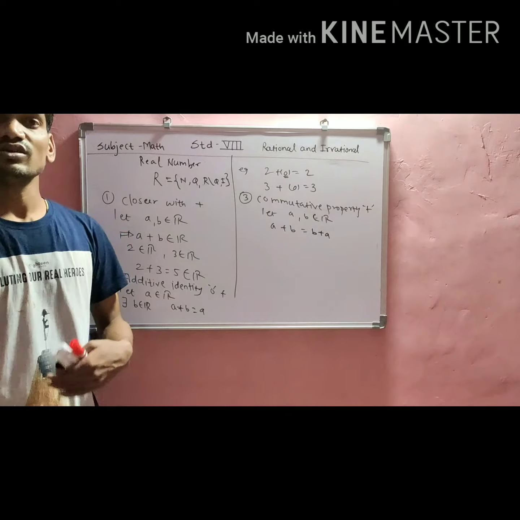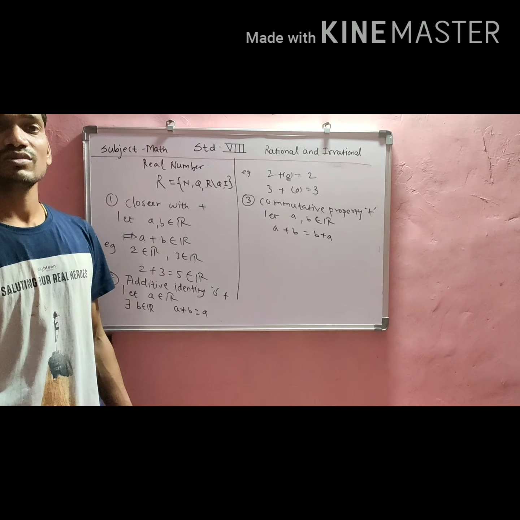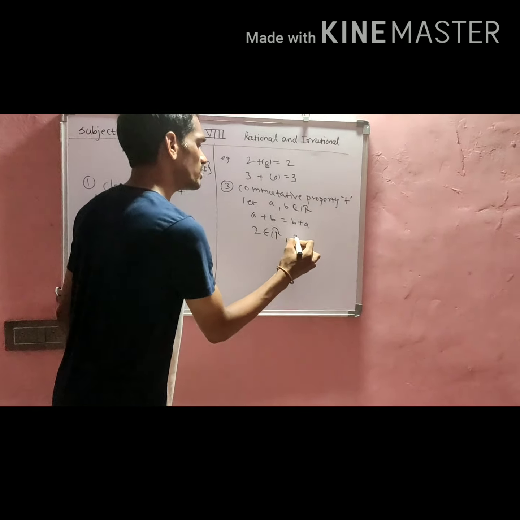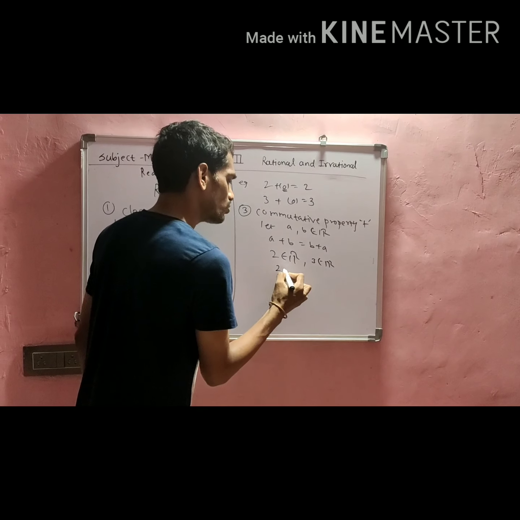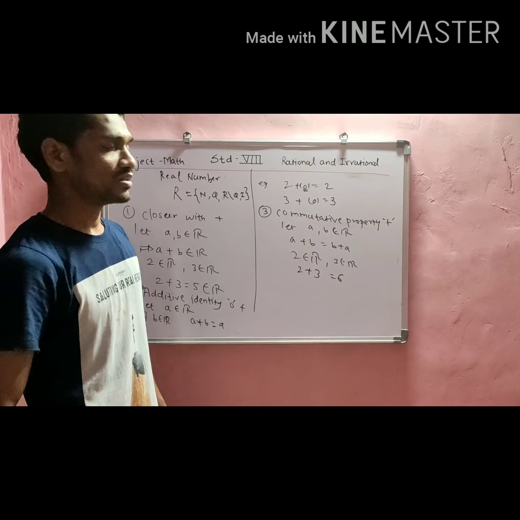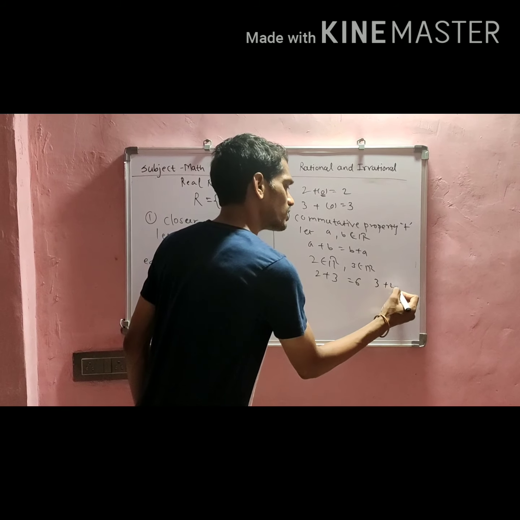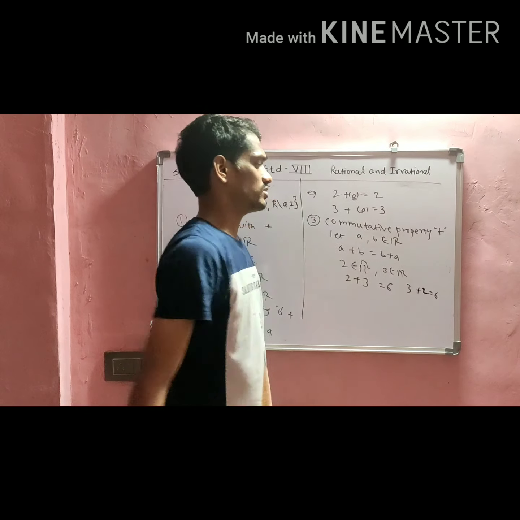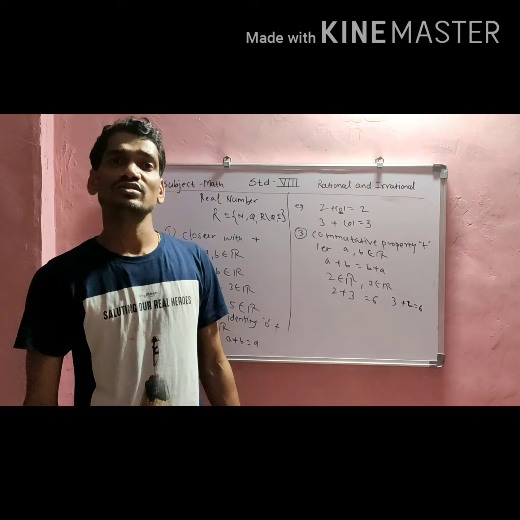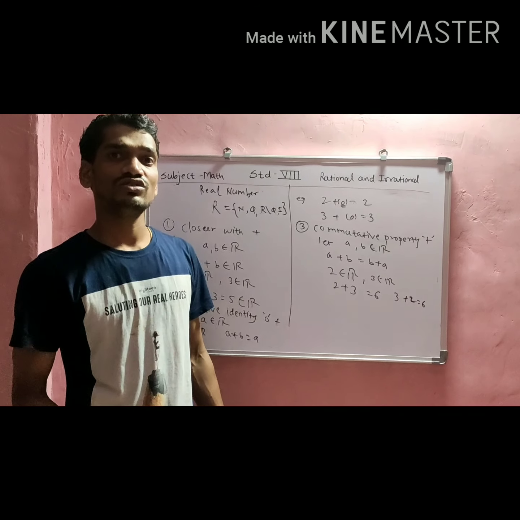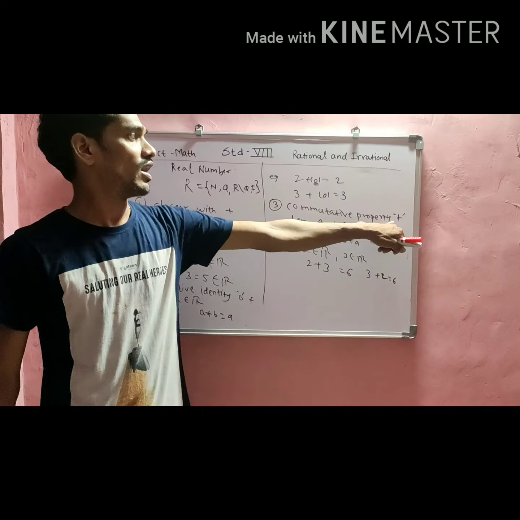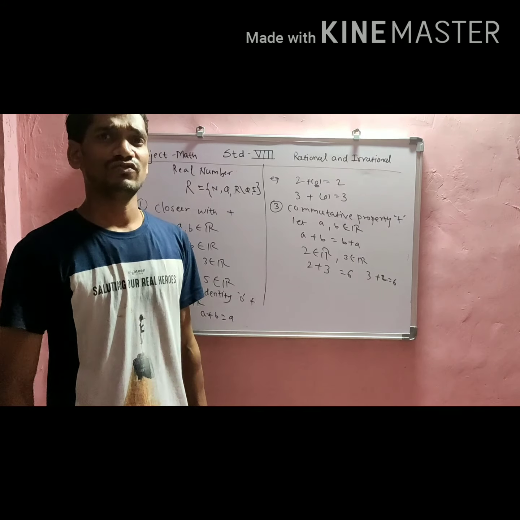Say for example, if I add 2 plus 3, we get 5. And if you reverse that, 3 plus 2, then again we get 5. If we interchange the order in the addition, the answer never changes. The answer should be the same in addition, whatever numbers you take.